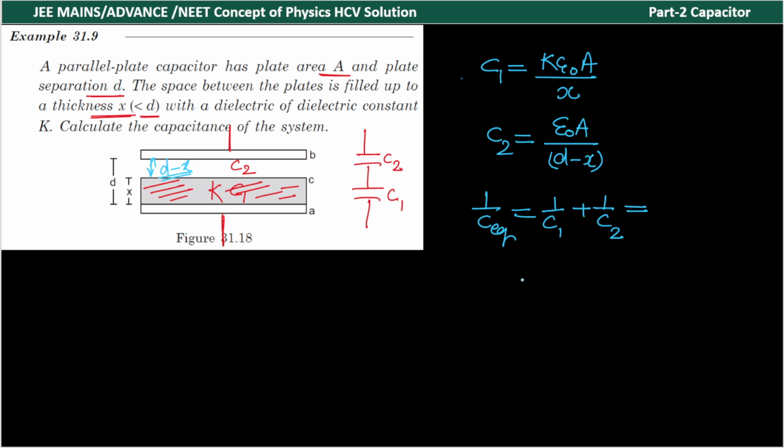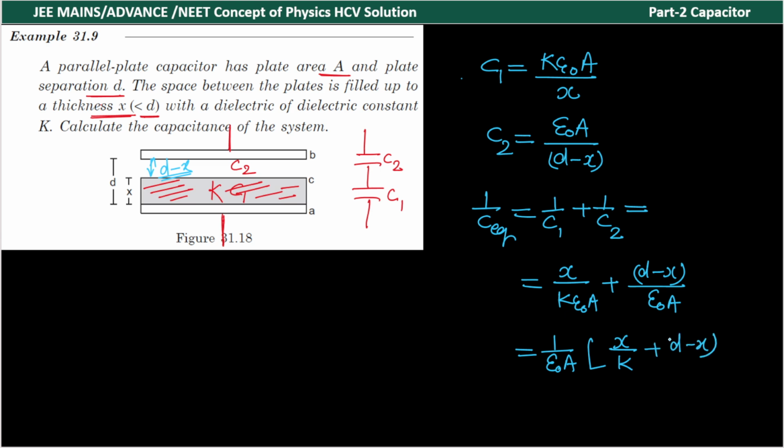So 1 by C1 will be x divided by K epsilon naught A, plus 1 by C2 will be D minus x divided by epsilon naught A. If you take this epsilon naught A common, in the bracket you will have x by K plus D minus x, and that is equal to 1 by C equivalent.